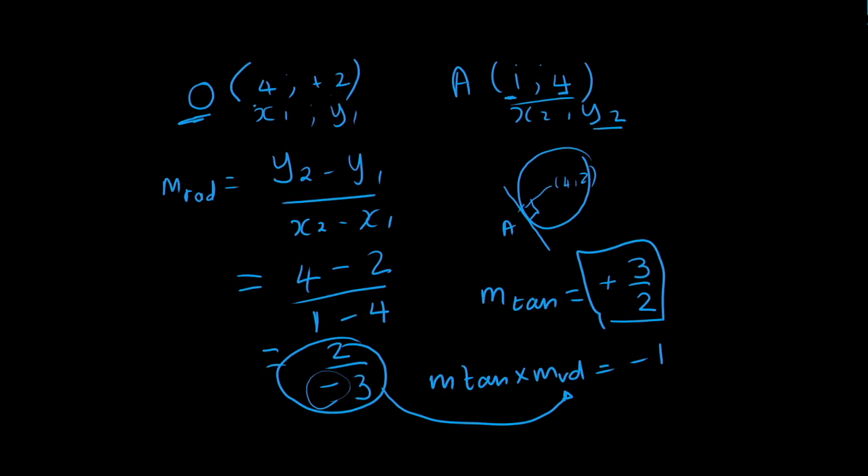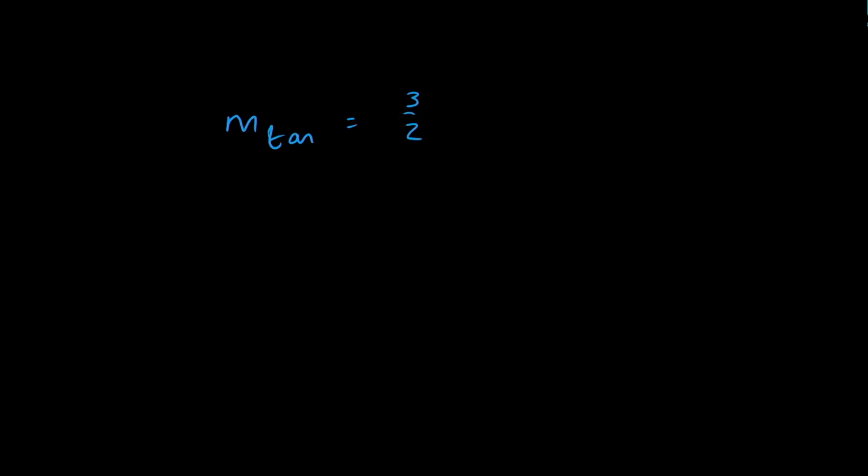So we've got the gradient of the tangent was 3 over 2. And we're using the point of contact as A. So A was 1 and 4. So therefore, I use y minus y1 is equal to m times x minus x1 to find the equation of the straight line.